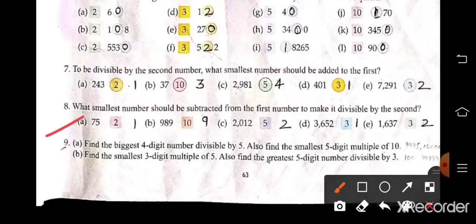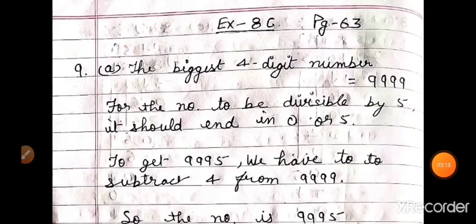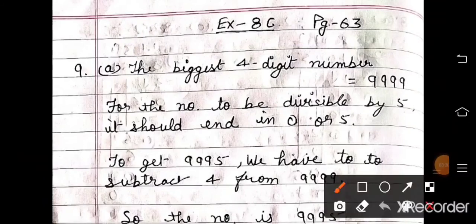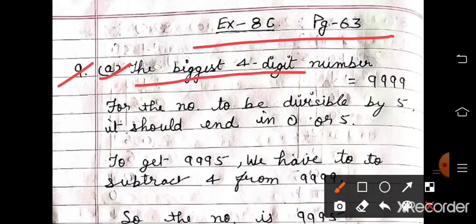Now question number 9. Find the biggest 4-digit number divisible by 5. Also find the smallest 5-digit multiple of 10. So for it, take out your notebook. First write in your notebook exercise 8C, page number 63. Question number 9A part. The biggest 4-digit number is 9999.